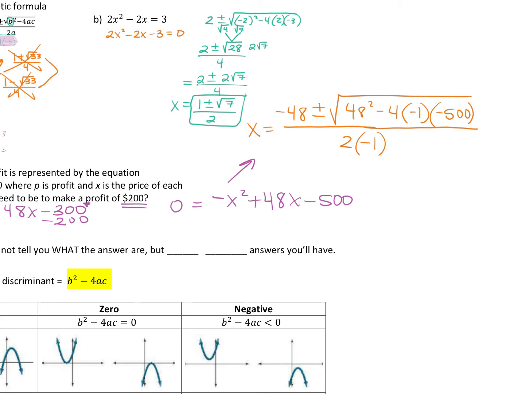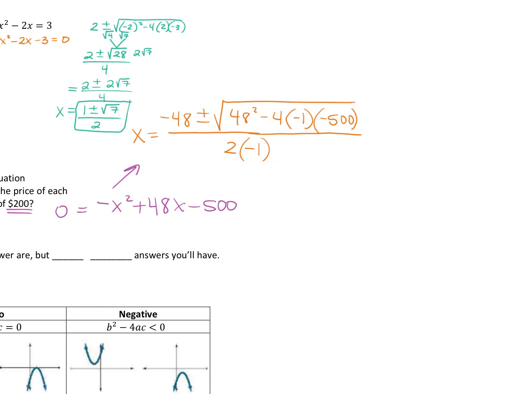Okay, so here's what I would do. I would take this information and plug it into your calculator. What do you get? 304 is what you should be getting. So this is negative 48 plus or minus the square root of 304 over negative 2.